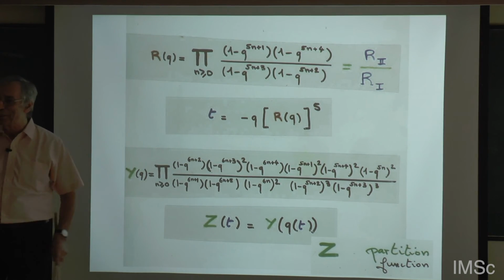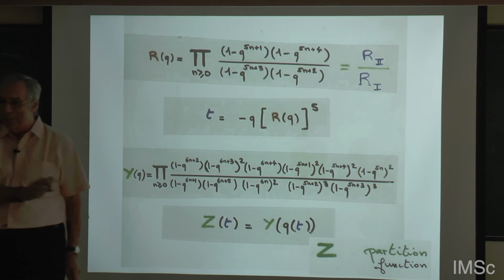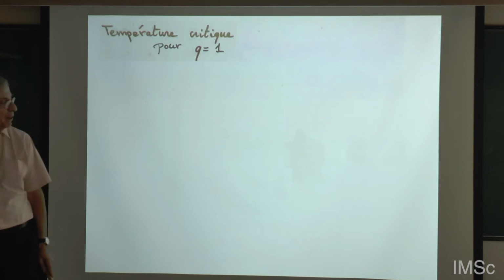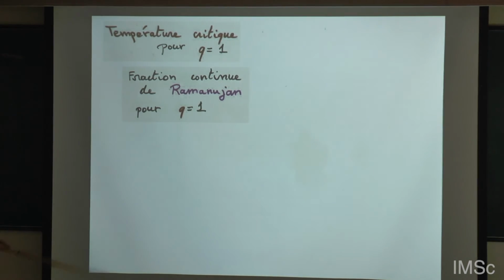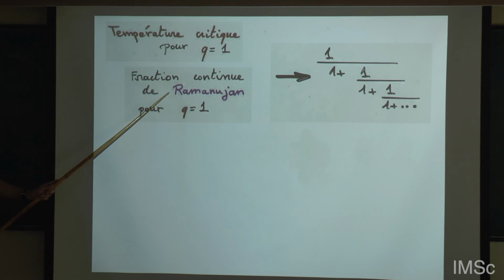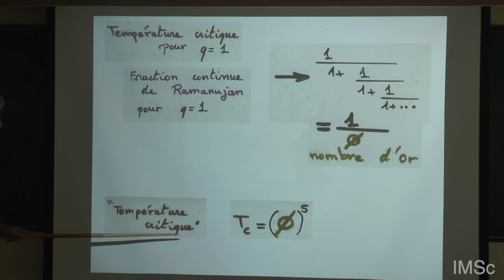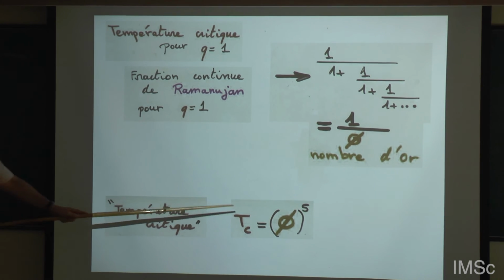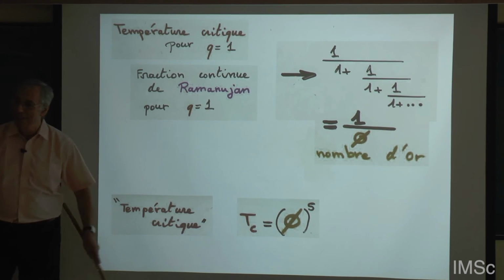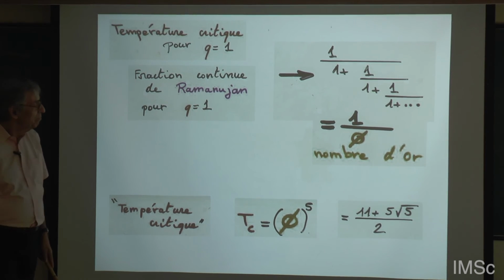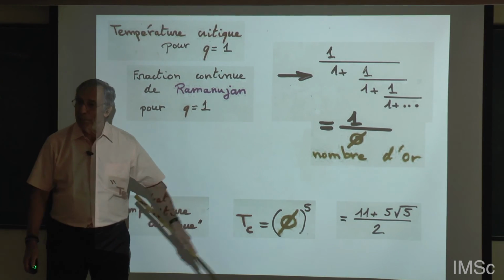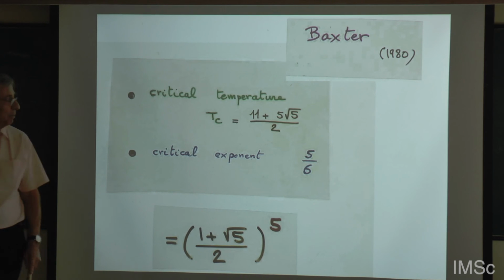Everything is 0 divided by 0, so this is when the gas is becoming solid for q equal 1. And for q equal 1, if you put the Ramanujan continued fraction for q equal 1, you get the golden number, le nombre d'or. And the critical temperature is this golden number to the power 5. And so you have an explicit expression for the critical temperature.